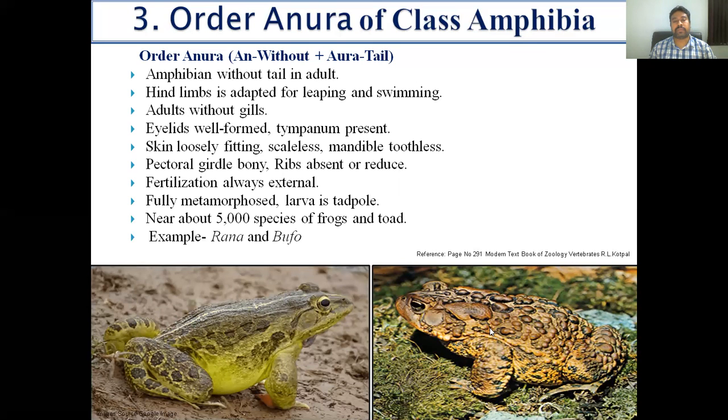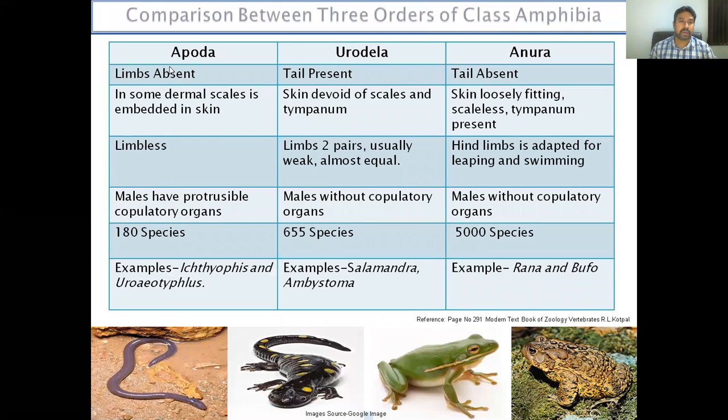If we compare these three orders of class Amphibia, order Apoda, order Urodela, and order Anura: in Apoda, limbs are absent; in Urodela, the tail is present; in Anura, the tail is absent. To talk about the skin, in Apoda, dermal scales are embedded in the skin in some forms. In Urodela, the skin is devoid of scales and tympanum.